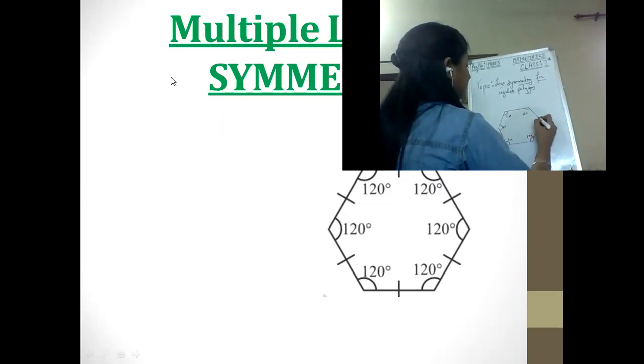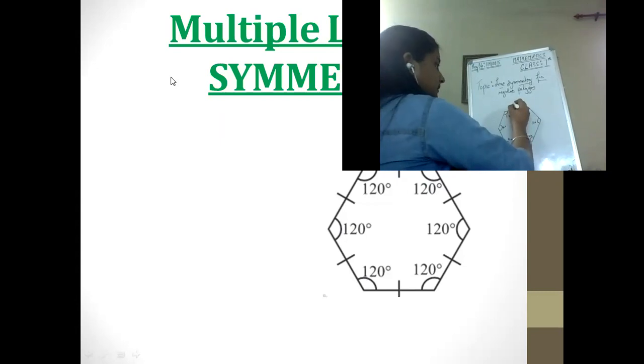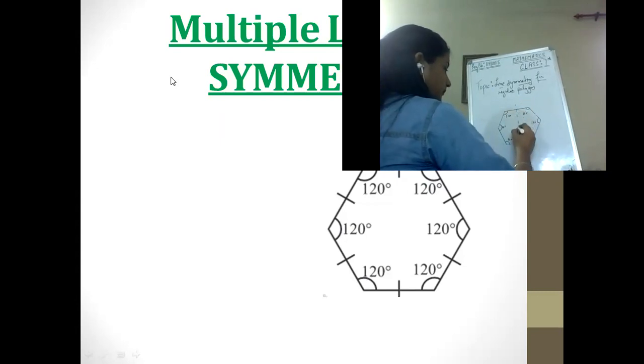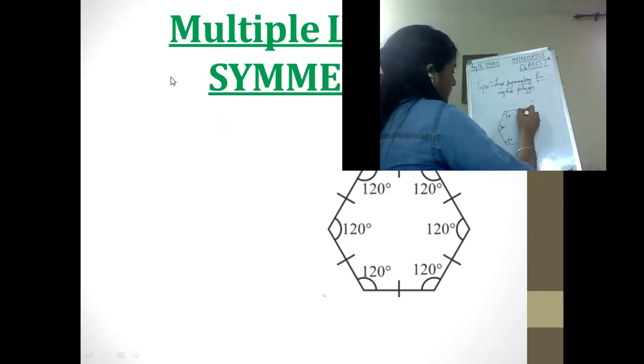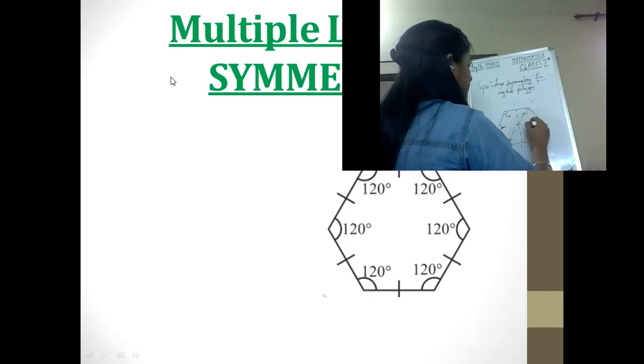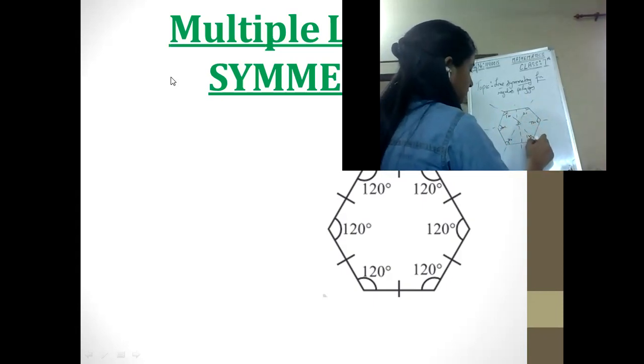Now we are asking that if they are drawing a line of symmetry from this side, this is one single line of symmetry. Now I would like to draw a line of symmetry here. I want it from the center also. I want it from another diagonal also.